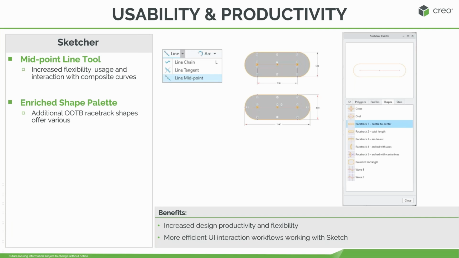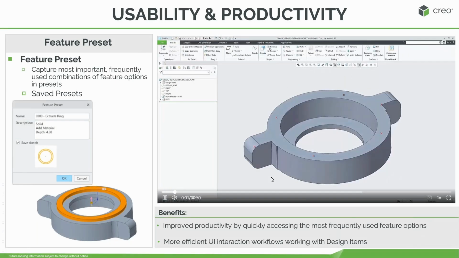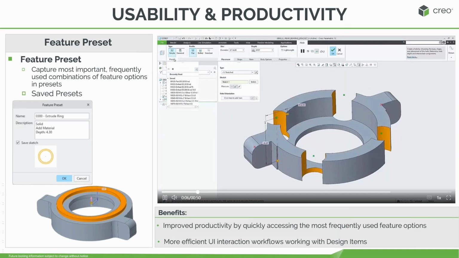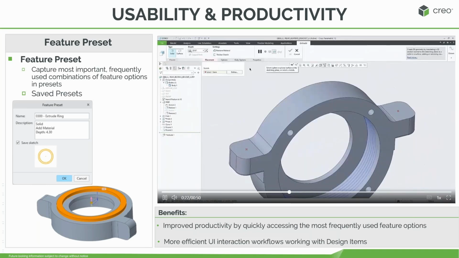Now, core modeling enhancements. This is really an exciting enhancement. In the new Creo, we start introducing a new concept called feature presets. The idea here is, designers often repeat the same combination of feature options again and again. Things like standard hole sizes or chamfers, favorite rounds, or typical extrude shapes and settings.